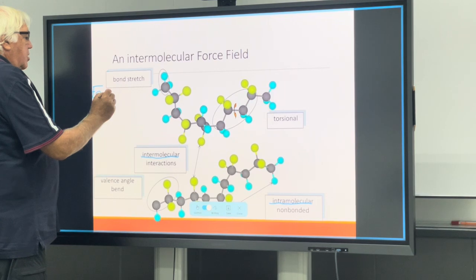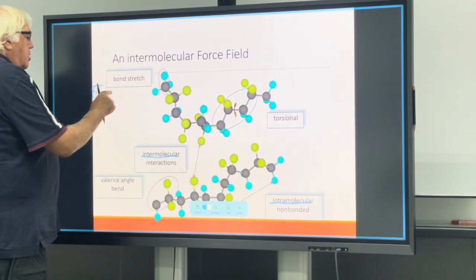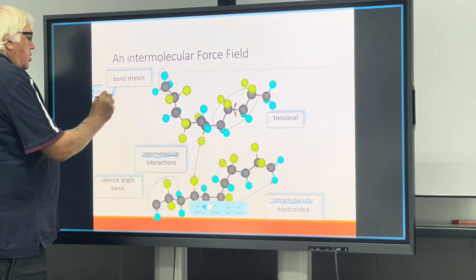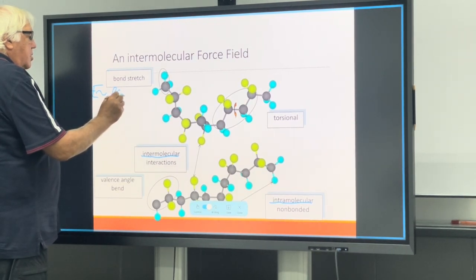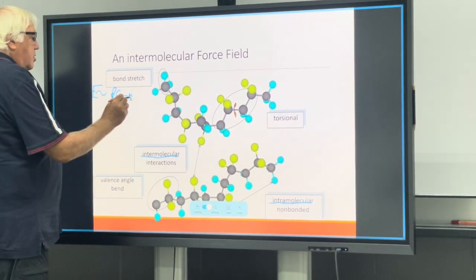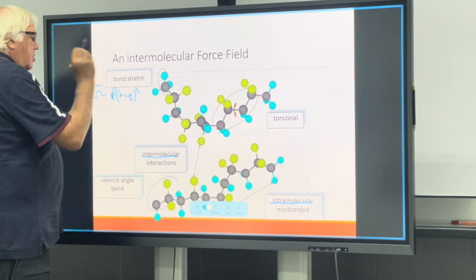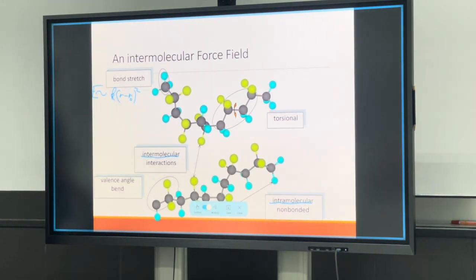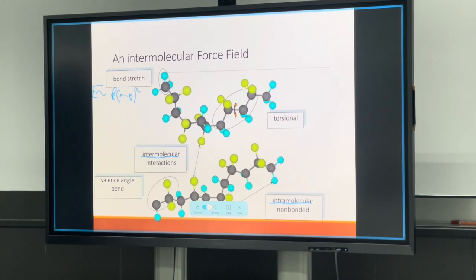So the whole thing is to select what is important. Certainly the distance between two atoms will be very important in determining what the energy is. But if you want, and you are really crazy, you can use other coordinates.